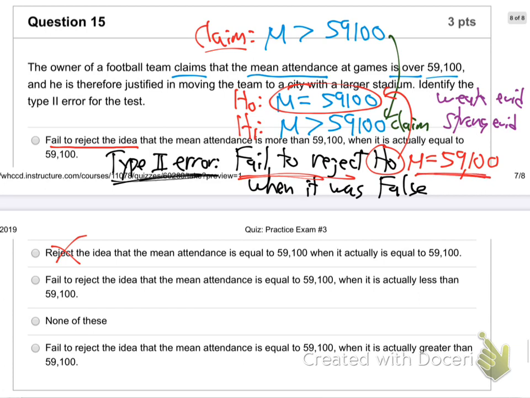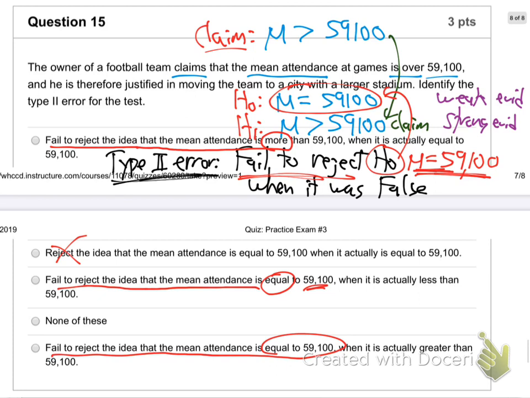That's the H0. Now I know what the H0 is. Failed to reject the H0. So failed to reject the idea that the mean attendance is more. No. Equal. Failed to reject the idea that the mean attendance is equal. So far, this one's gone. Now we got 2 left. So I'm paring it down. Failed to reject the null, which says it's equal.